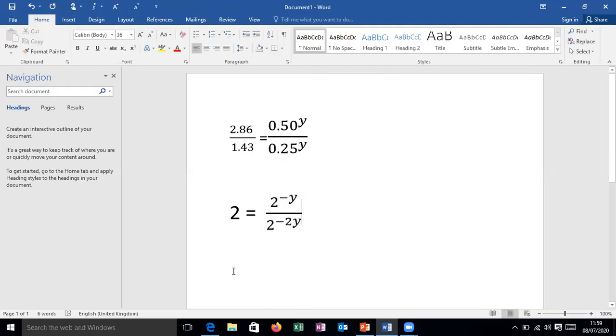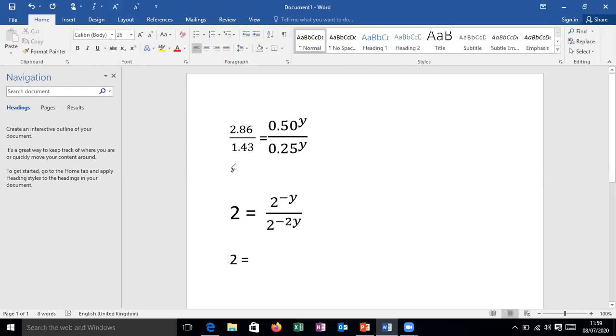So by the law of indices, we have 2 being equal to, this is division. So in division we subtract the powers.